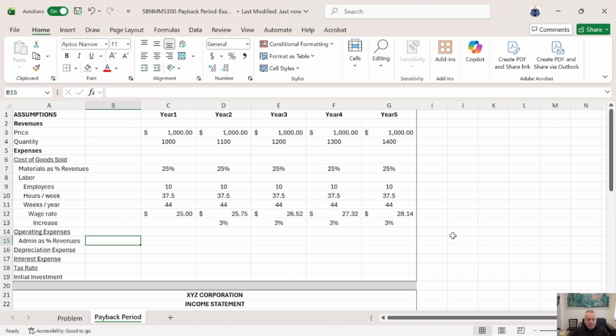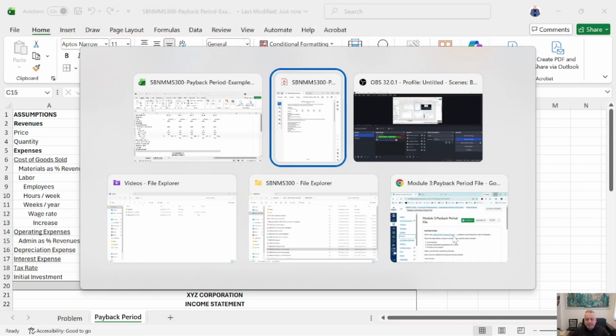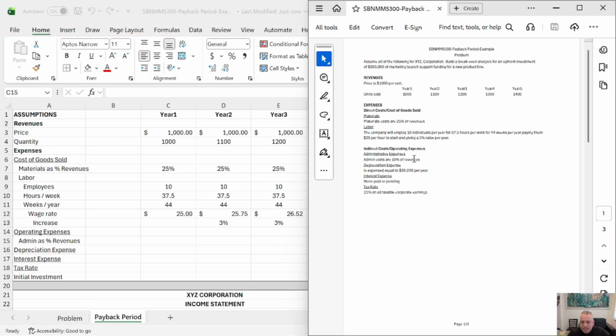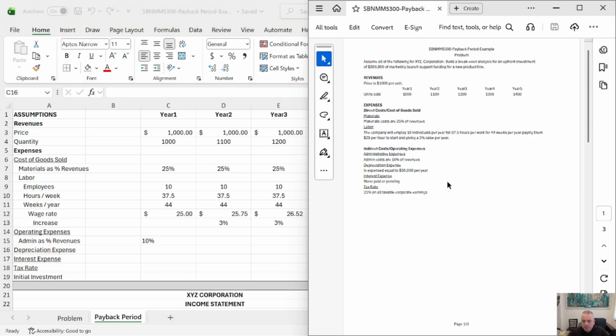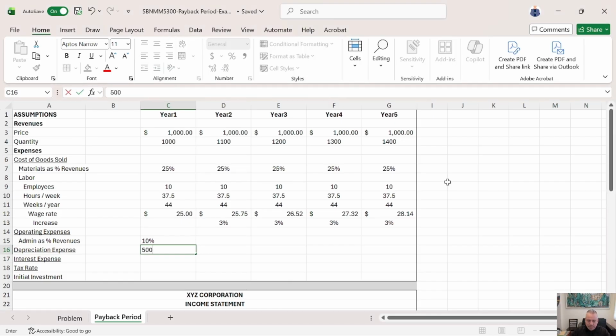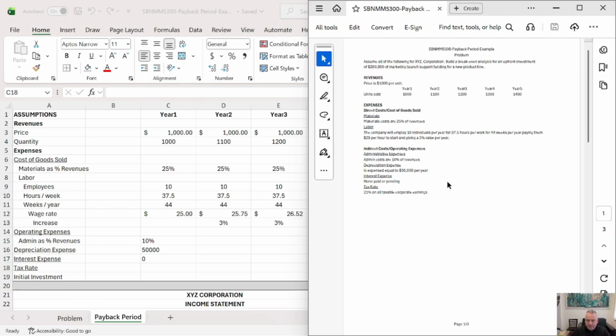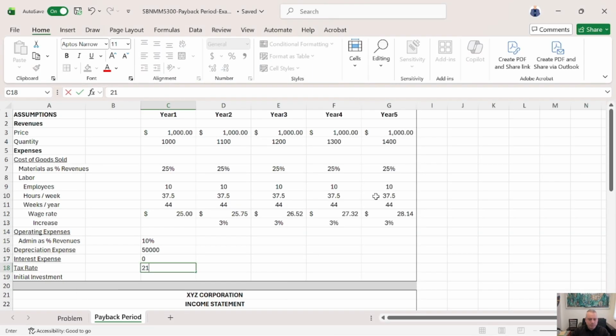All right, operating expenses then. Let's go back and take a peek at what these are. 10% for operating expenses, so we'll get that in there. Depreciation was $50,000. Interest was 0. And then the tax rate was 21%.